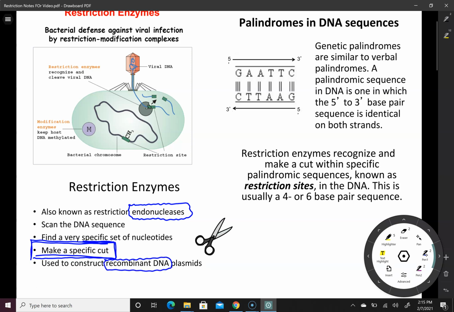And restriction enzymes were discovered because they are involved in bacteria trying to chop up viral DNA.